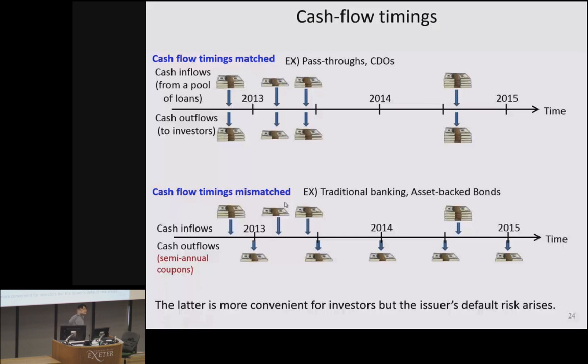Because there are some cash flows from the pool of the mortgages, but the cash flow payments to the investors are every 6 months. Okay? And in the second case, cash flow timings are mismatched, and the issuer is in charge of delivering this fixed regular payment to the investors, which means that there is a possibility of the issuer defaulting on this promised payment.